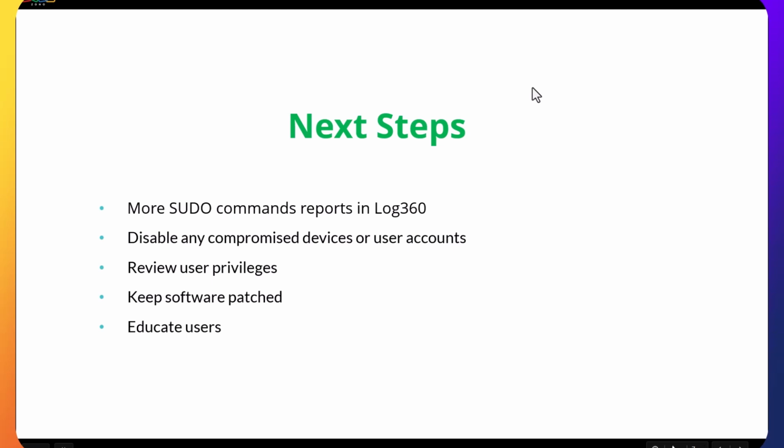This information can be found under the report category called sudo commands. You can use Log360's SOAR capabilities to disable computers and user accounts associated with illegitimate sudo command executions. Review user privileges to identify who has access to run sudo commands. Make changes as needed by following the principle of least privilege.